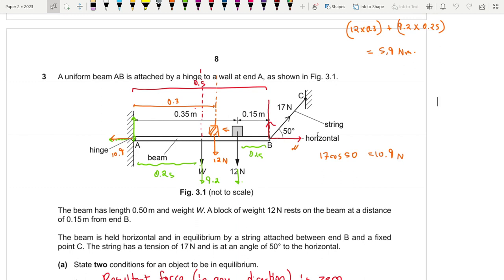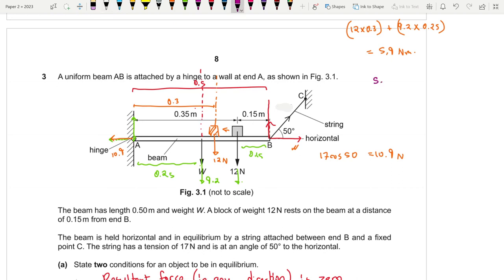So just think about this. If the angle doesn't change, how does this string still maintain equilibrium? Because at this higher value, the net anticlockwise moment must have been greater, right? So that leaves us with one possible option. The value of tension actually changes and it will decrease to balance things out.